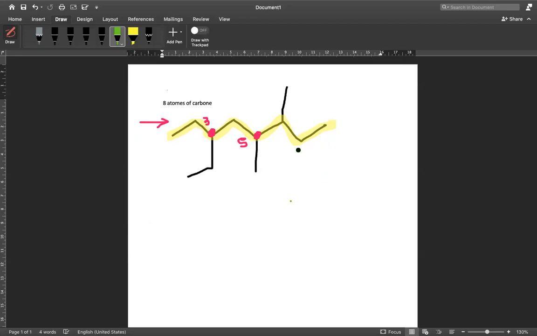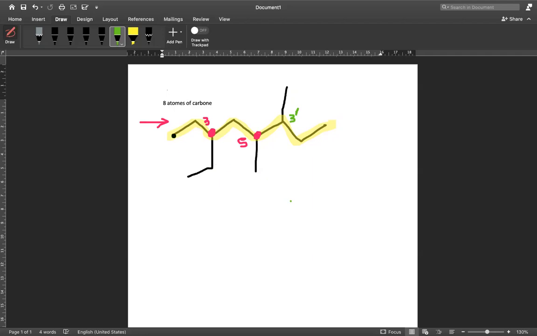We have found that at position number 3 and also here at position number 3, we have 2 substituents with the same index. To differentiate the two, I'll say 3 prime, with a prime on top, to show there's a 3 here and another 3. So at position number 3 you have ethyl, and at position number 3 you also have methyl.